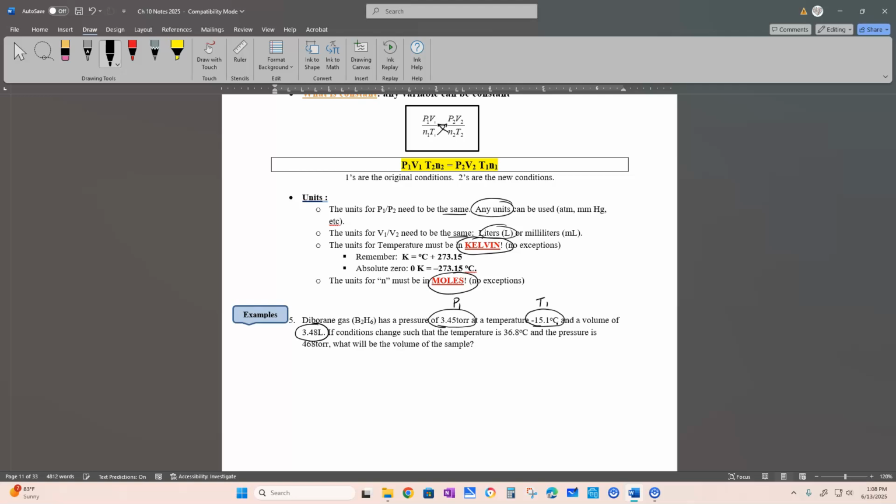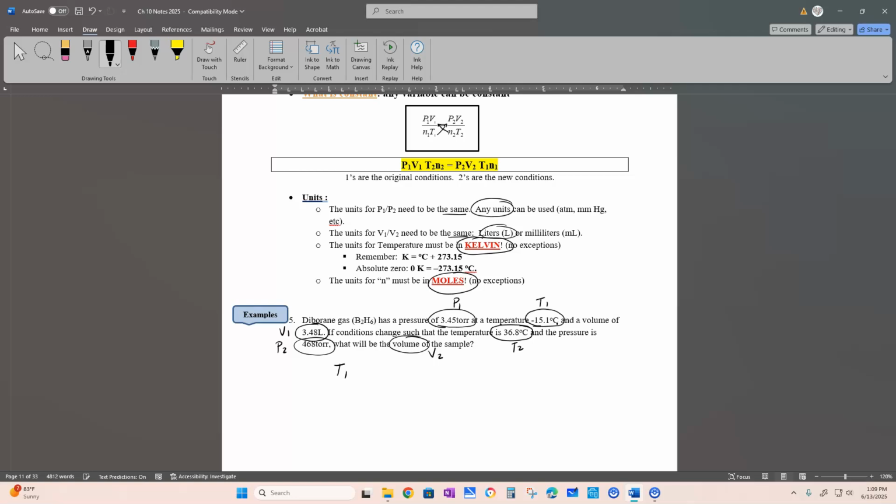So I actually know all my initial values. If the conditions change to a new temperature, so temperature went up, and the pressure looks like it went up too, so there's my P2. What will the volume be? Well, I'm solving for this new volume. So first thing, let's tackle those temperatures.